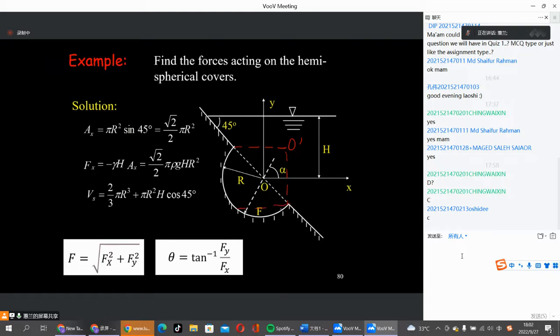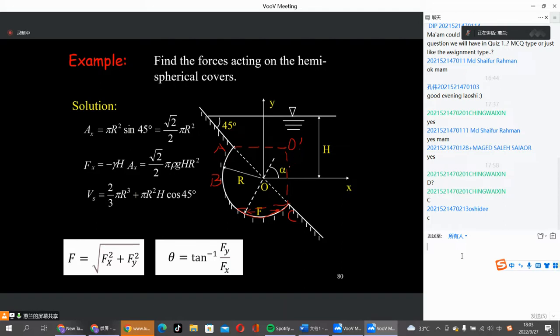For this segment, the horizontal force cancels out, since this is left and this is right. So for the curve, we still use curve ABC. Its horizontal force is equal to the pressure force on its vertical projection area O prime C.